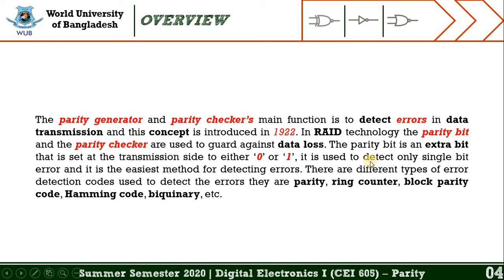It is used to detect only single bit errors, and it is the easiest method for detecting errors. There are different types of error detection codes used to detect errors, such as parity, ring counter, block parity code, Hamming code, and biquinary, etc.